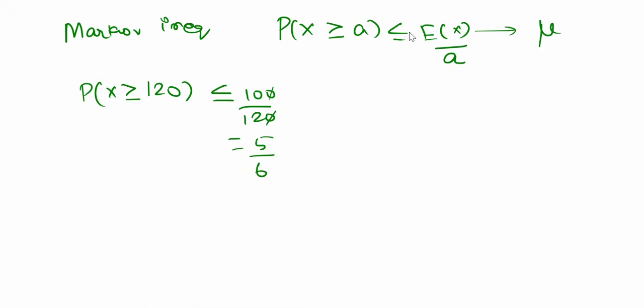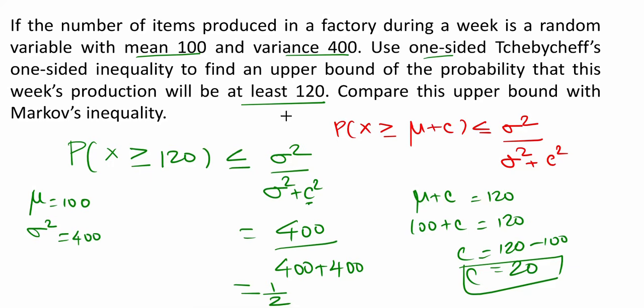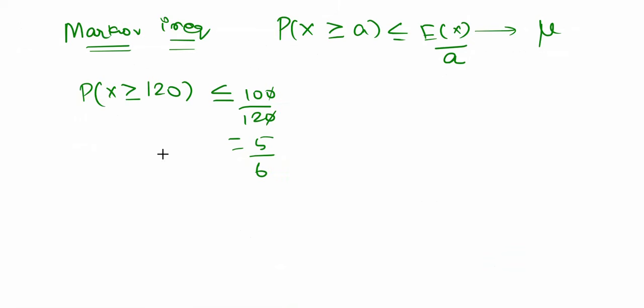So we say that the Markov inequality bound is less than or equal to 5 by 6, but when it comes to your one-sided Chebyshev, this is less than or equal to 1 by 2. So which would you think is more strong? Your one-sided Chebyshev is more strong because this is less than or equal to 0.5 and the other value is going to be more than 0.5.